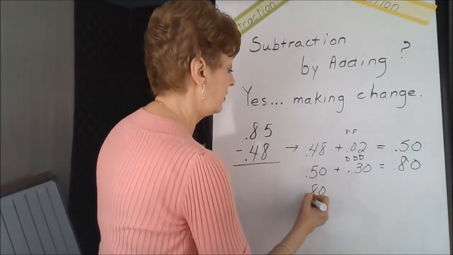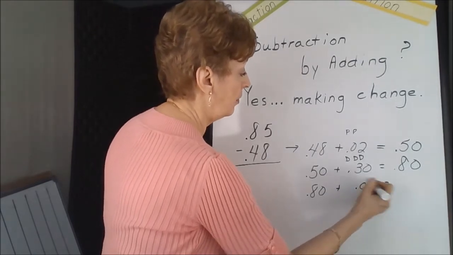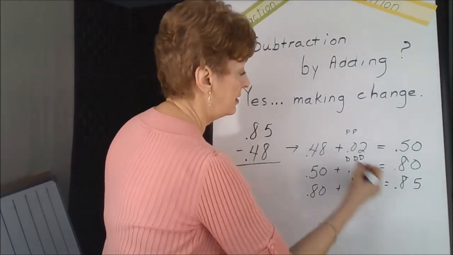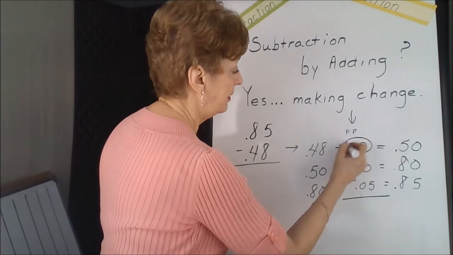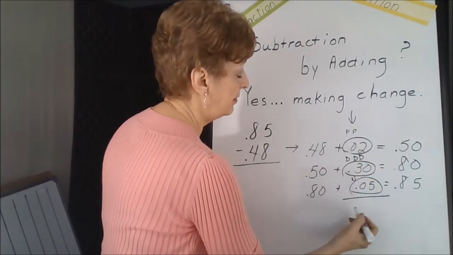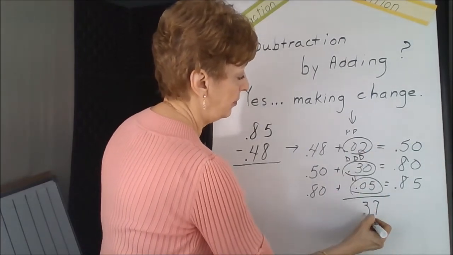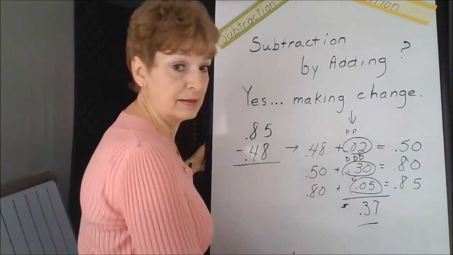Pull our 80 over, add 5 cents to it, which would be a nickel, and we would get 85 cents. So how much money is left in our pocket? We would add the 2, the 3 dimes, and the nickel. So we would have 7 and 3. 37 cents would be left in our pocket.